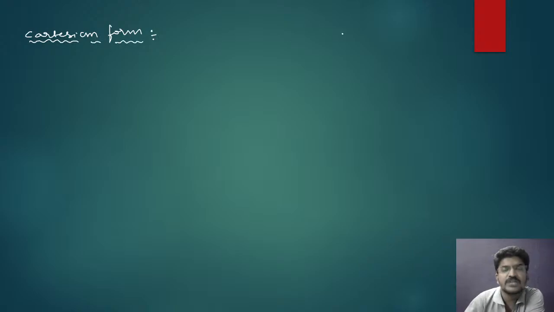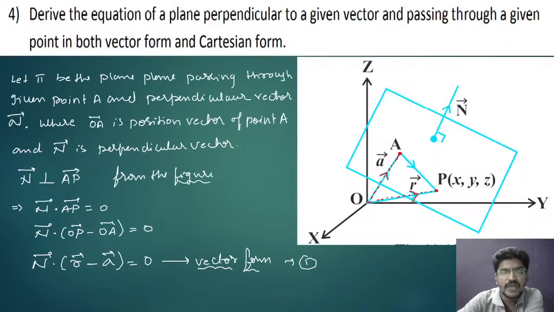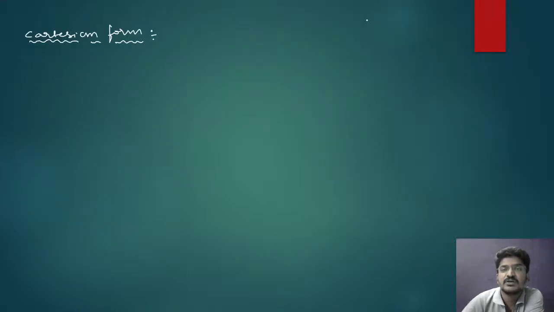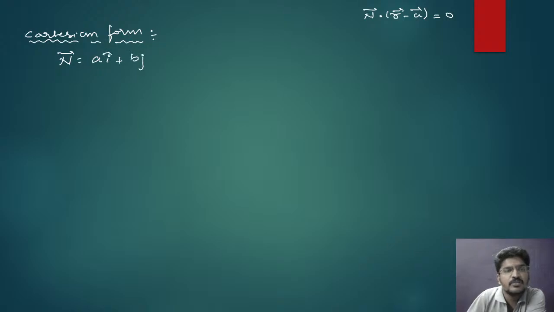So before going to Cartesian form, you must know vector form. That is vector n dot vector r minus vector a equal to 0. So here first you write vector n, that is ai cap plus bj cap plus ck cap.